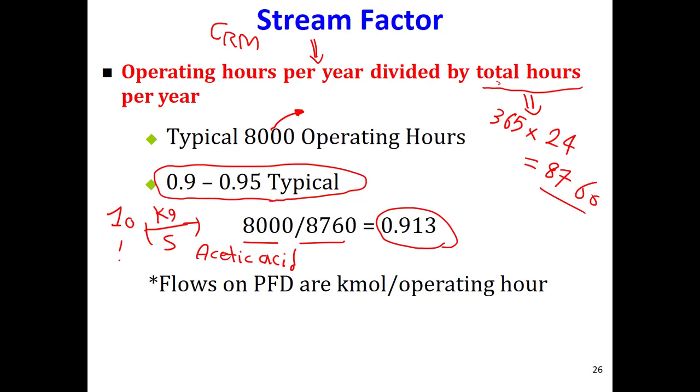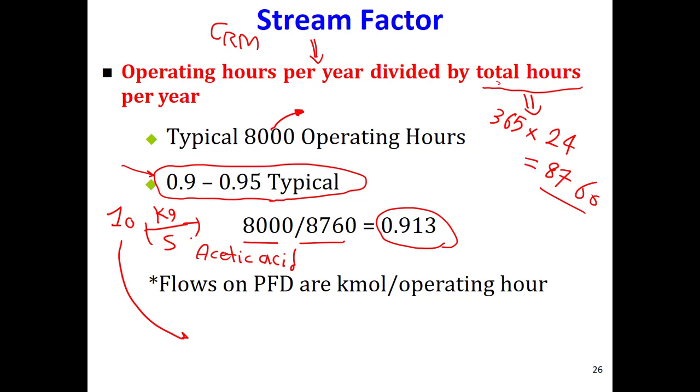How much acetic acid do I need in a year? So I will use this factor. I will convert seconds to years, and then use this factor to find the total amount of acetic acid that I need per year based on operating hours.